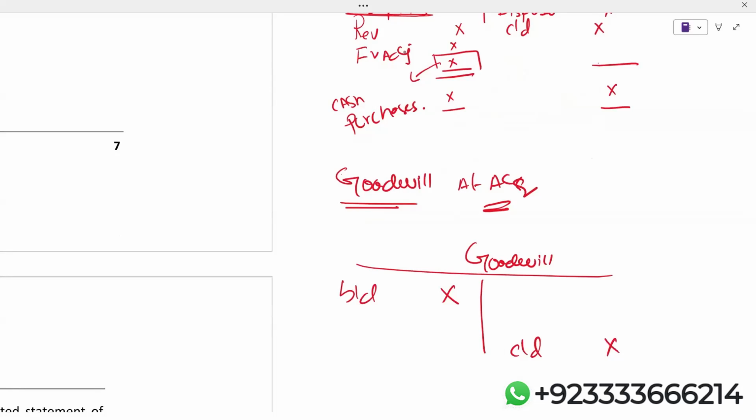Then again, acquisition of subsidiary, where I'll be adding goodwill at acquisition. Then the balancing figure here will be my impairment loss.